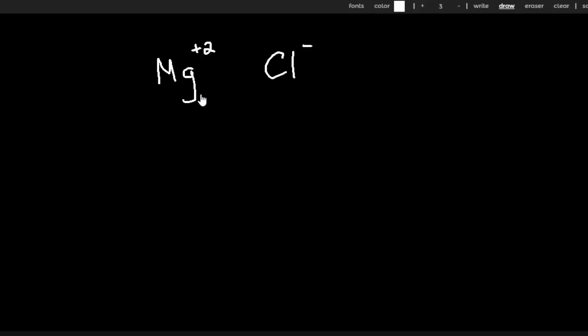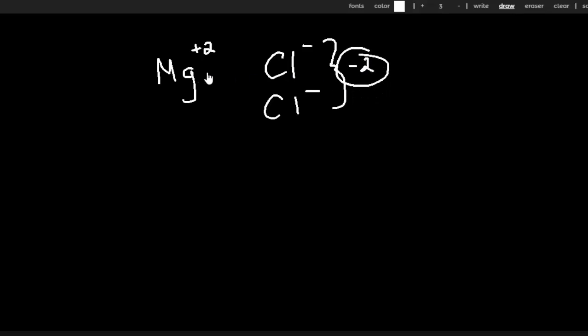So there are my ions, magnesium +2 and chloride -1. The problem is that I have 2 positives but only 1 negative. In order to make a compound, the number of positives and negatives has to be equal. Well, this is easily fixed. All I need is another chloride ion. If I have 2 chloride ions, then the total number of negative charges is 2.